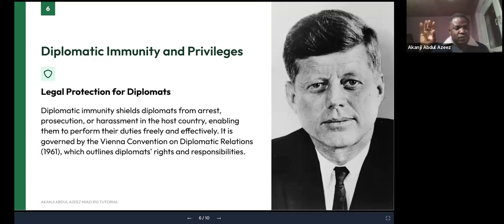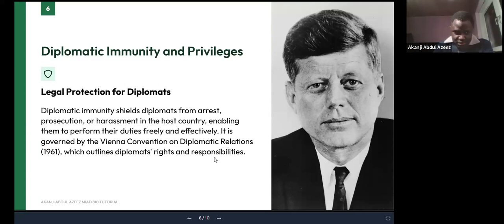Most countries in the world follow this Vienna Convention on Diplomatic Relations of 1961. That is why, as you see in the slide, diplomatic immunity is governed by the Vienna Convention, which outlines the diplomatic rights and responsibilities.